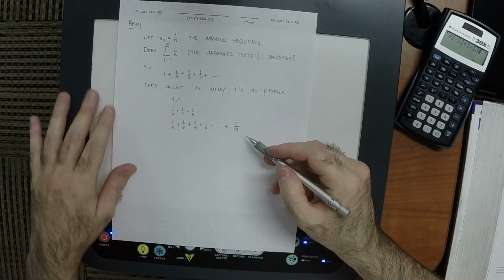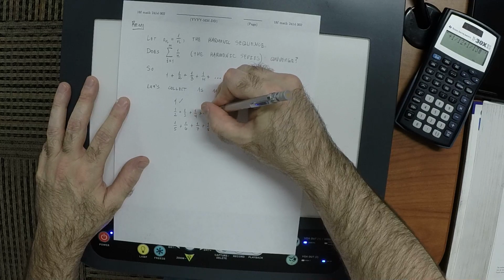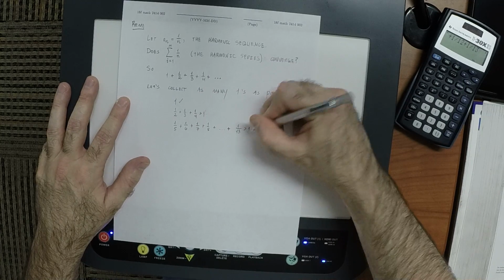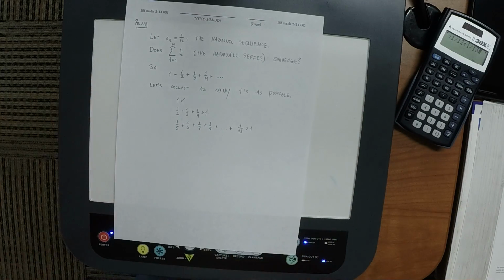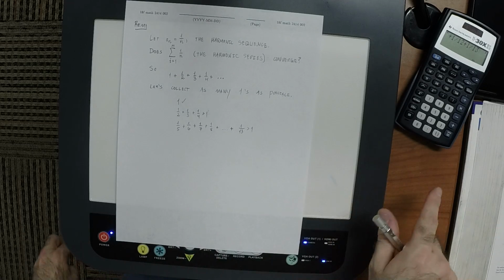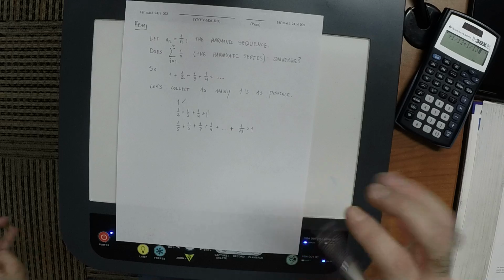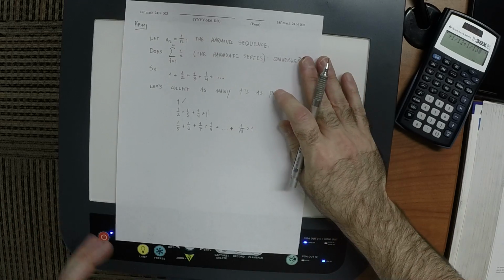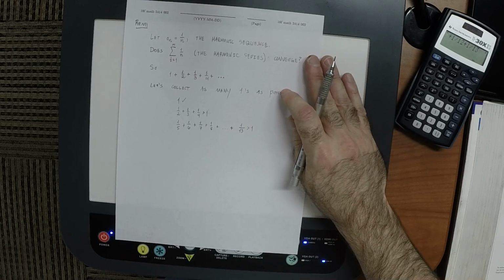Right? So this is more than 1. This is more than 1. And so now the question is can I keep doing this forever? Can I take a 14th and then go out pretty far? So why am I going to be able to do this forever for this particular sequence?